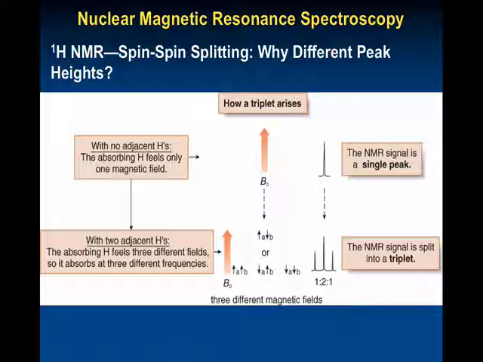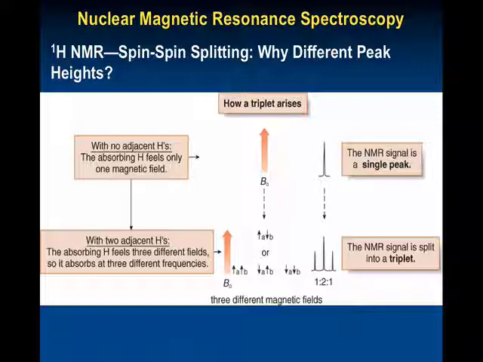But notice that we can have A and B in opposite directions, right? And so that's how you end up with this ratio of 1 to 2 to 1 in a triplet. A pure triplet will actually be 1 to 2 to 1 in terms of their peak heights. And it's because there are 4 different ways in which these neighboring protons can be oriented with respect to B0. And that's why you see a triplet. Okay?